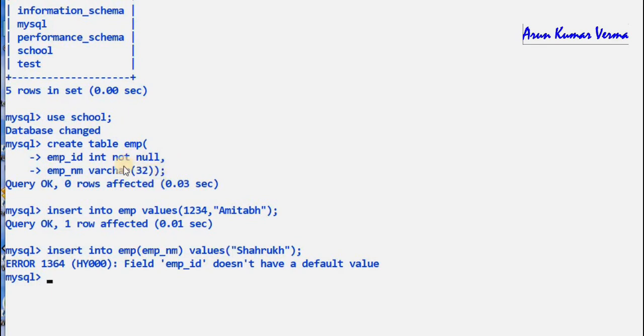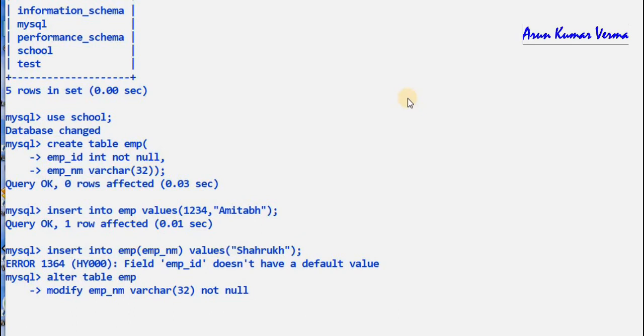If I want to apply the not null constraint on employee name also, in this case you have to use alter table. The table name is employee. Alter table, and use modify. Modify employee name, and the data type is varchar, and here write not null.